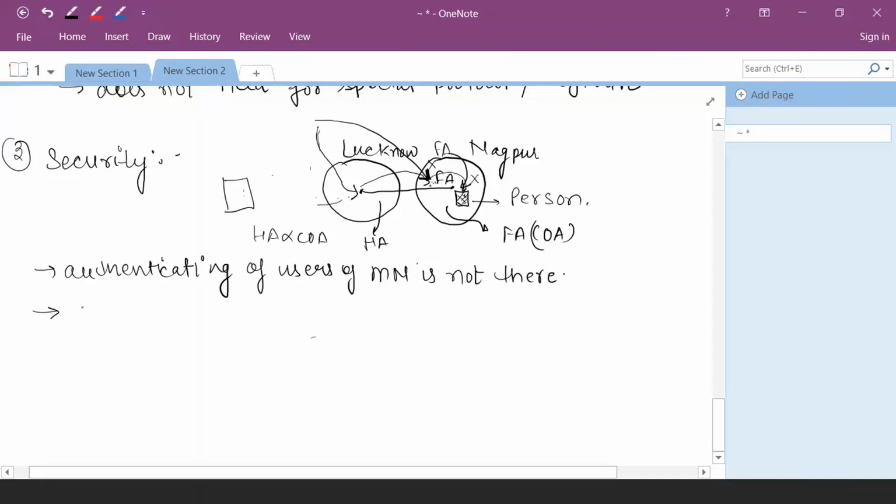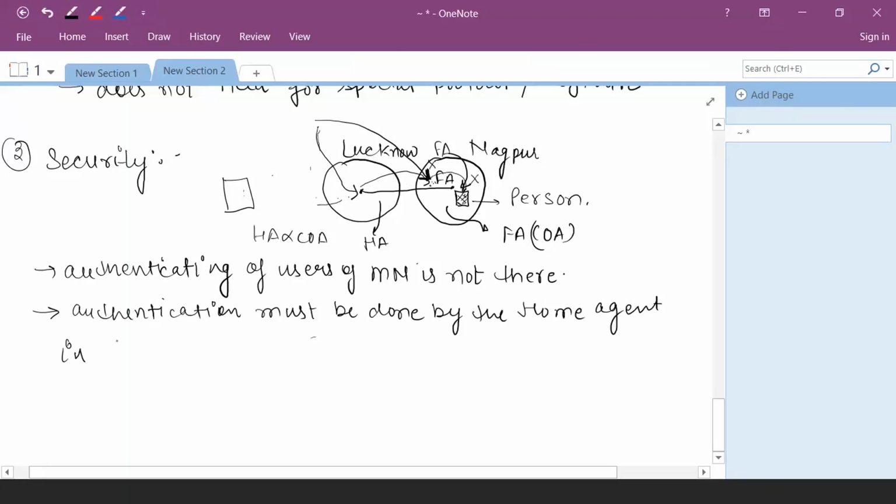So the second point must be done by the home agent at a high level before redirection. Also must be authorized.